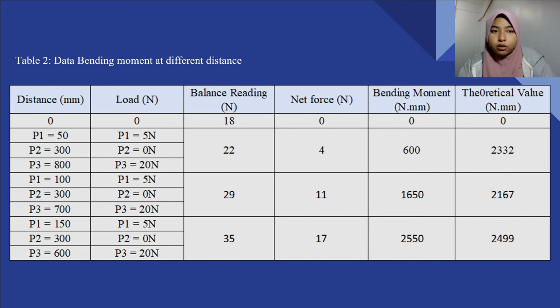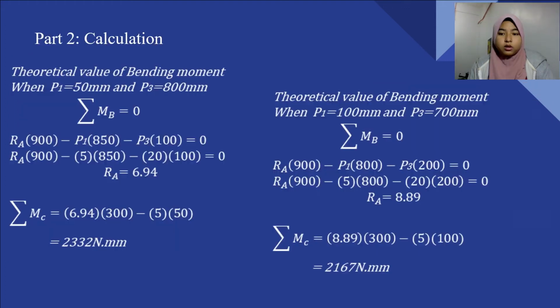So we get into the theoretical value. For the theoretical value of bending moment when P1 is at 50 mm and P3 at 800 mm, we'll be using total moment equal to 0, which is RA multiplied by 900 minus the load that we put.